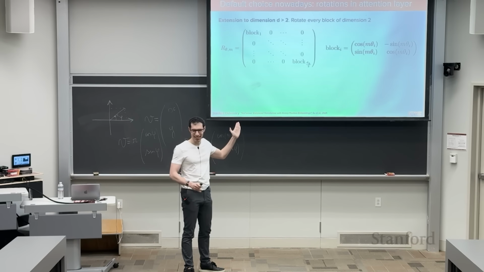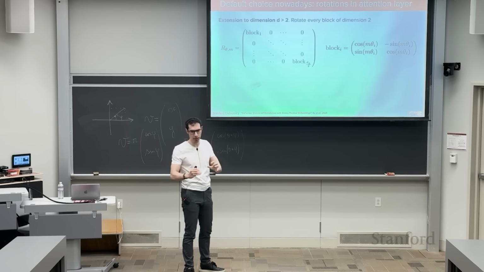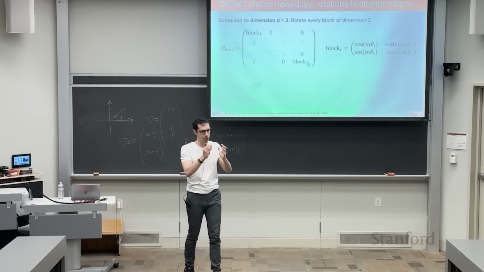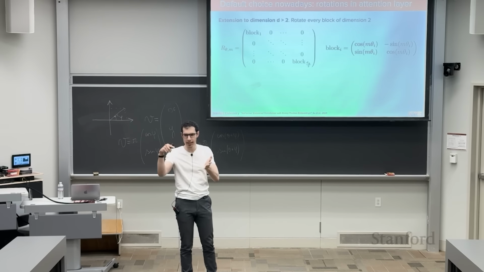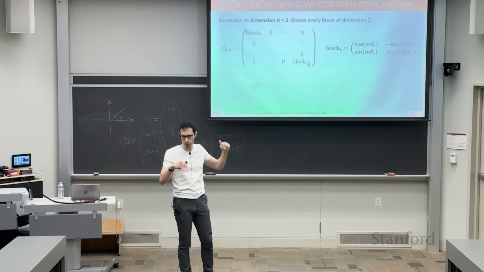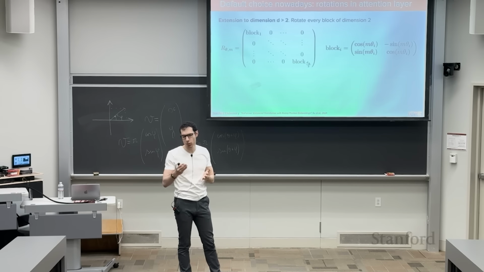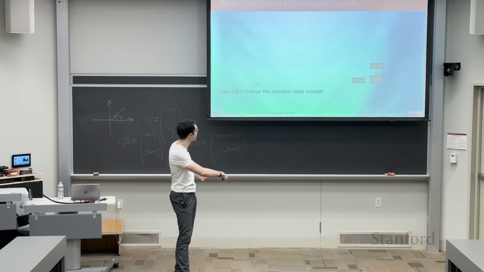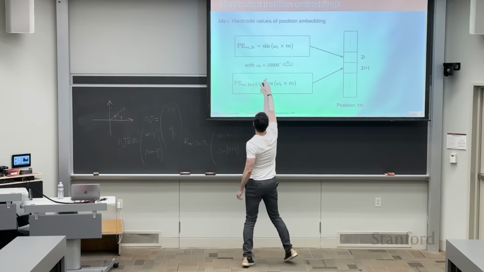The way you extend this method is by applying it to 2D blocks, and then theta is typically something that you fix, but it is a function of i, which is the dimension index, between 1 and d over 2, and it's a function of d as well. So you will typically see this theta as being roughly equal to omega i, which is this one, more or less.